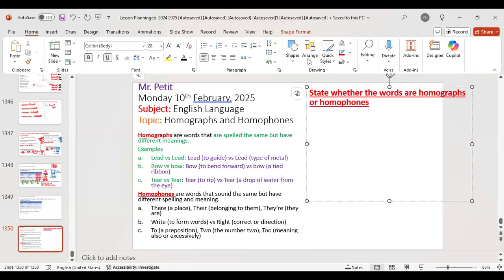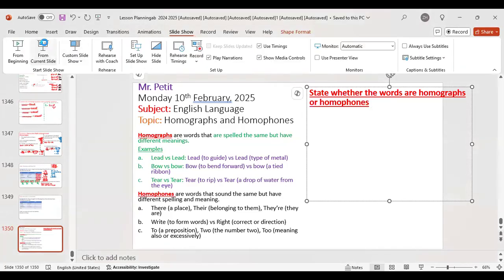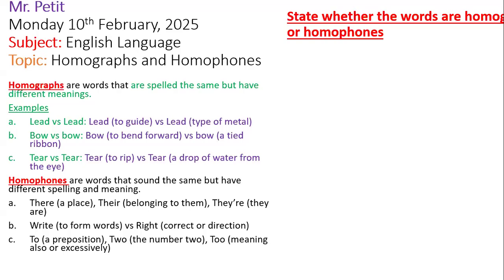So we want to determine if they are homographs or homophones. Please remember that homographs are spelled the same, but they have different meanings.